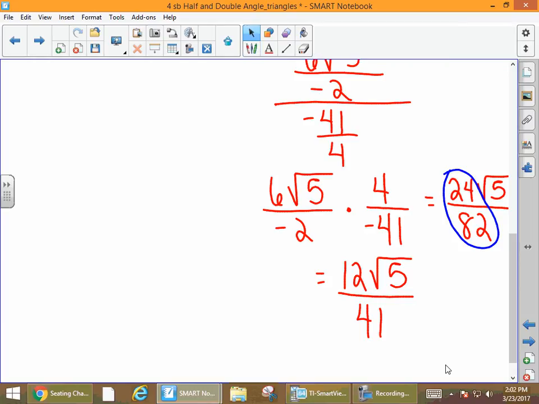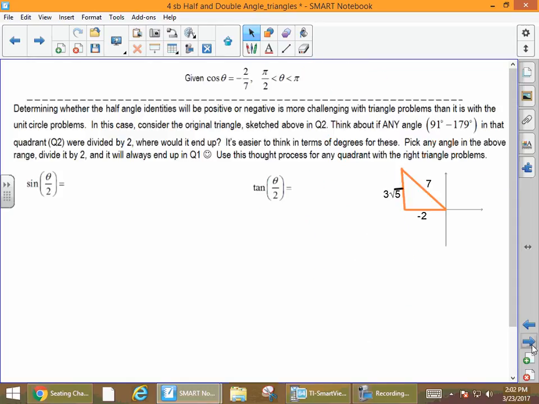Those were the double angles. We saw the double angles yesterday. We see the double angles today. Gonna finish here with the half angles. And I put our triangle here.